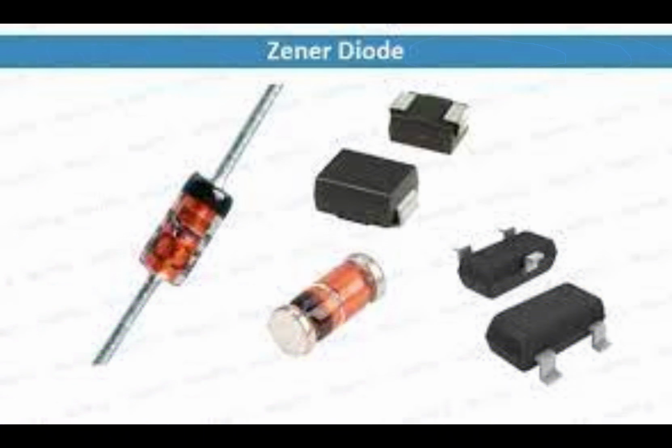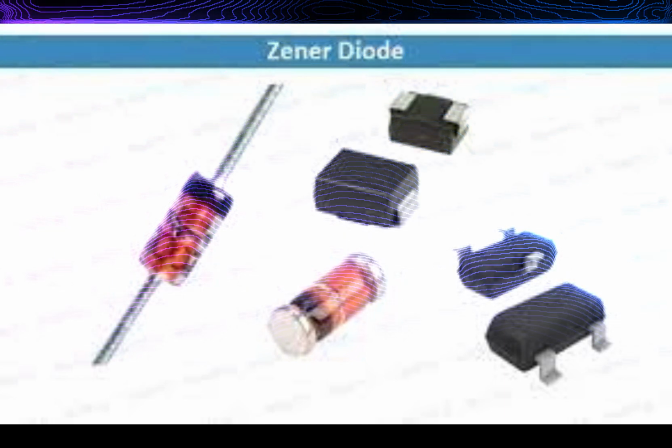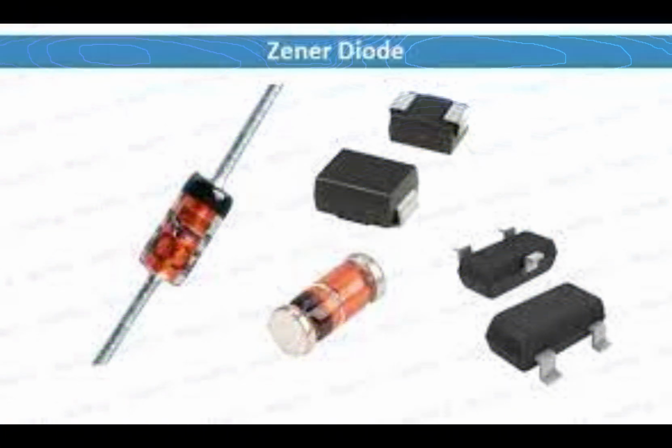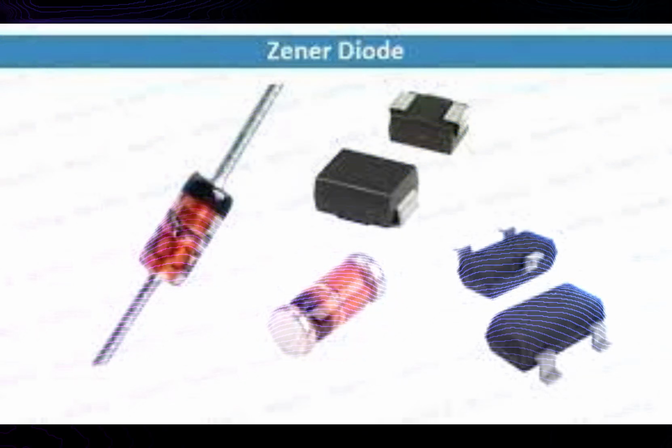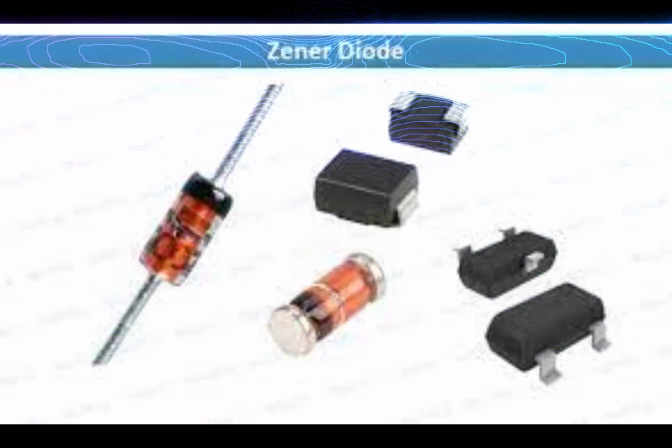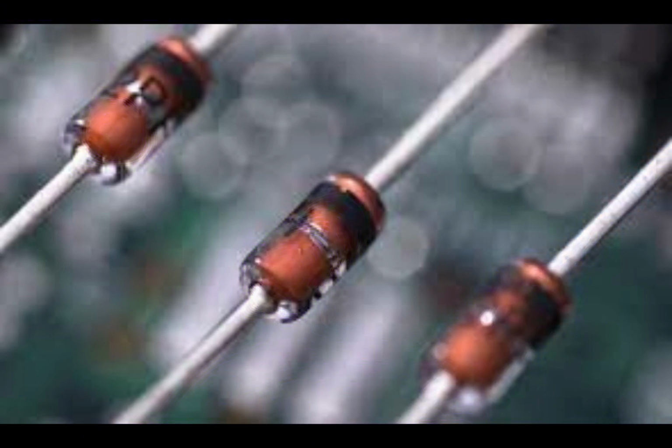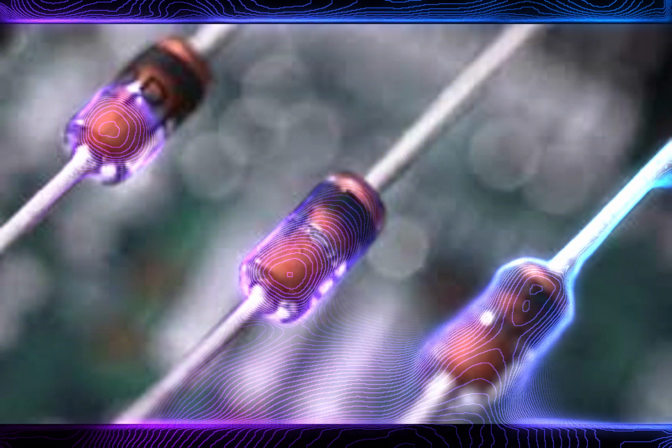Current then increases to a maximum level determined by a series resistor and stabilizes, remaining constant over a range of applied voltages. Therefore, Zener diodes are applicable for use as voltage regulators.